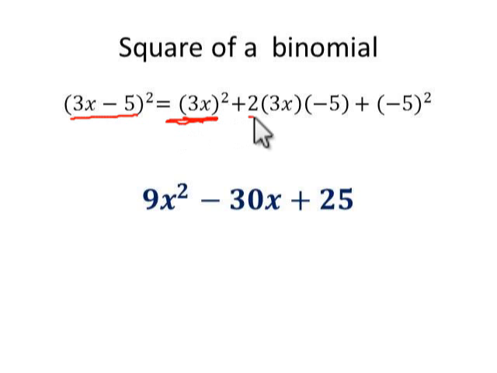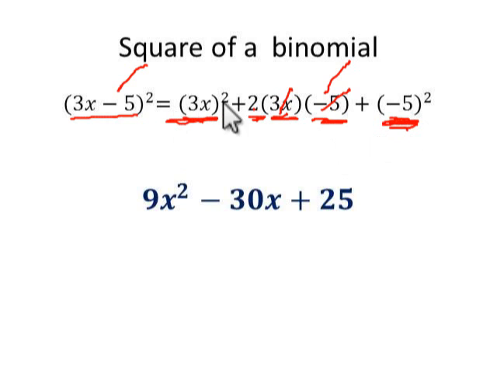Plus 2 times the first term times the second term. So kindly double check, this is the negative. Mag-iingat po tayo dito. Okay? So we have here 2 times the first, 3x, times the second, negative 5. Okay? Plus, ang last term natin will be the square of the second term. Ang second term natin is negative 5.